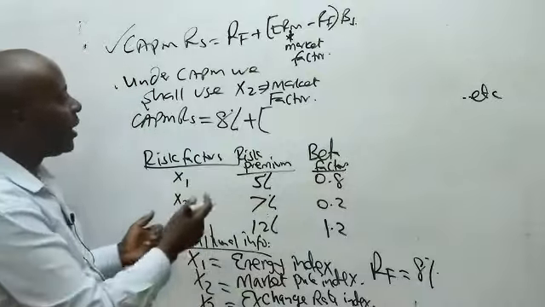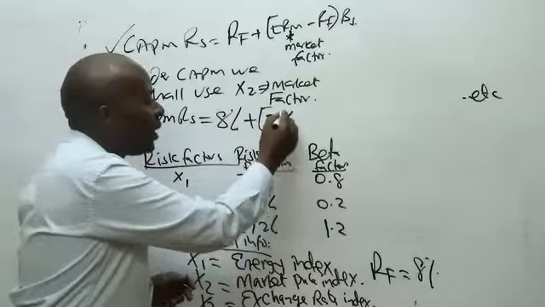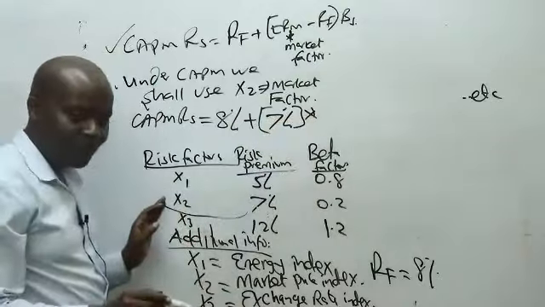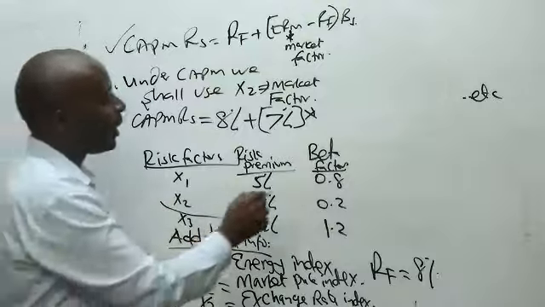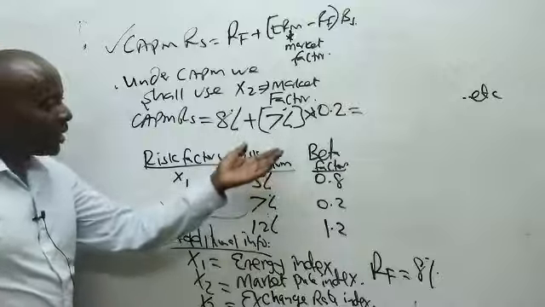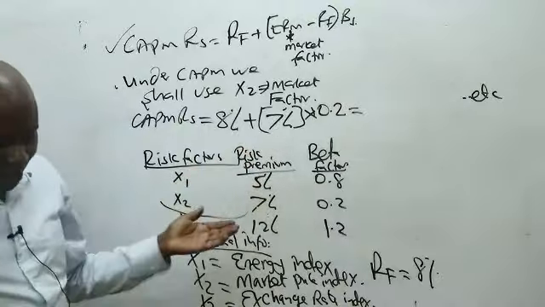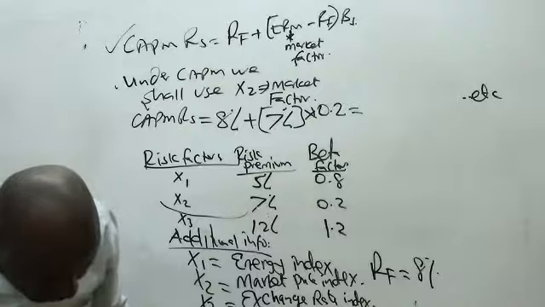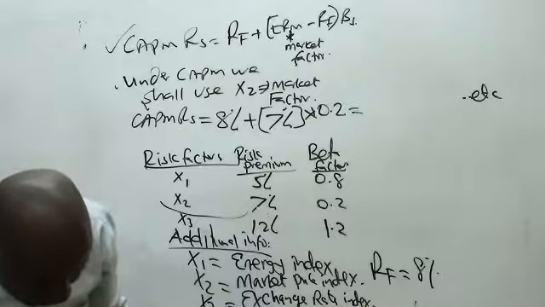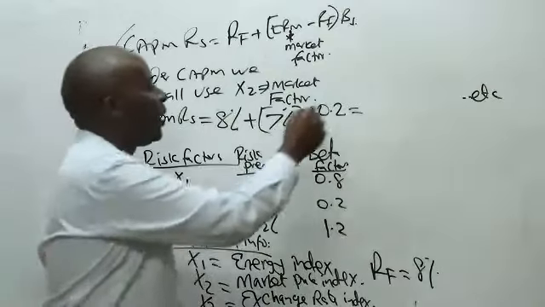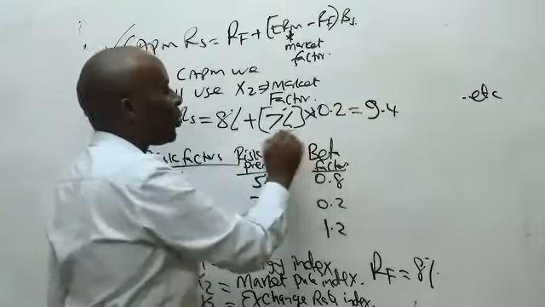So I will pick the risk premium the way it is, multiplied by, remember I'm working with X2 for KAPM, 0.2. What are we able to get, somebody there? I'm being given 9.4. Thank you very much, 9.4 is correct.